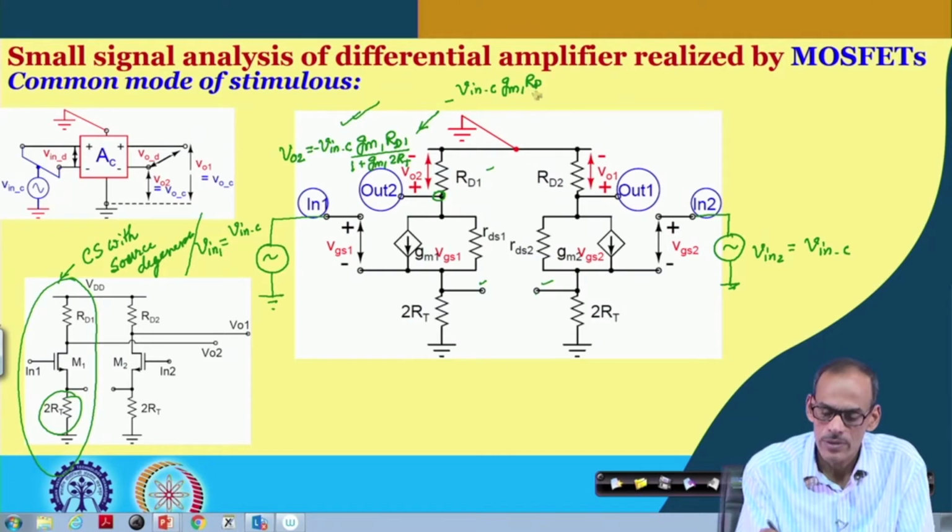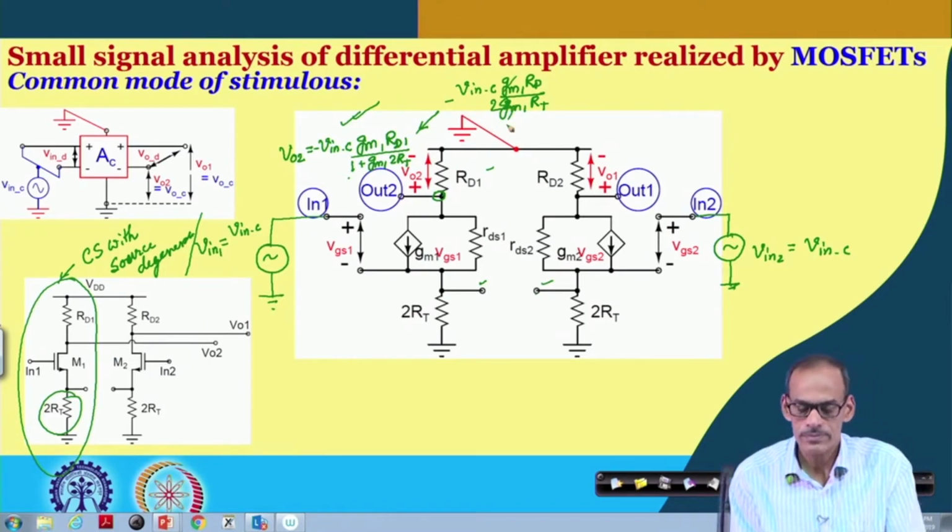In fact, this one part you can remove. So, we can simply consider GM1 and 2 RT. So, this GM and this GM get cancelled.